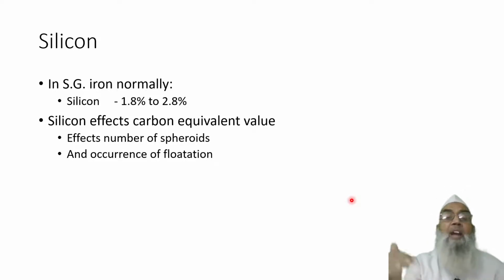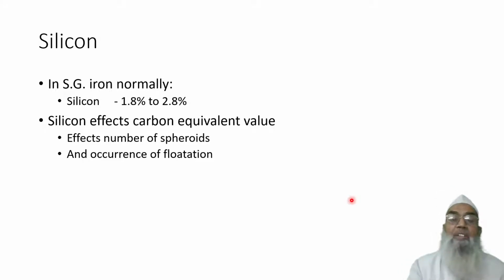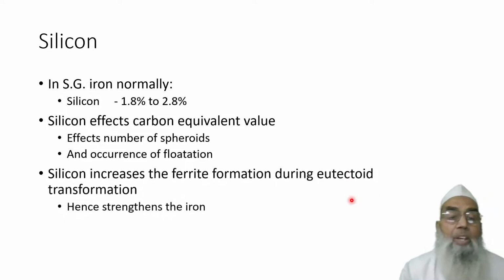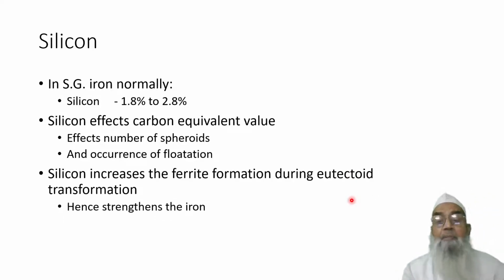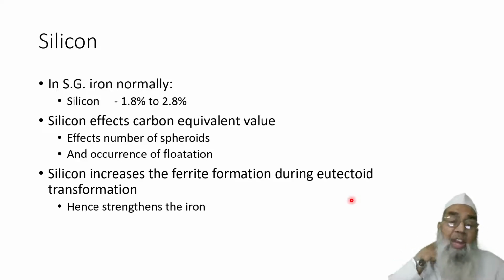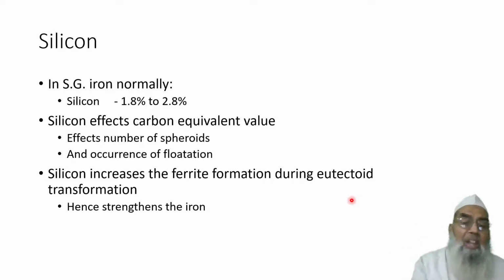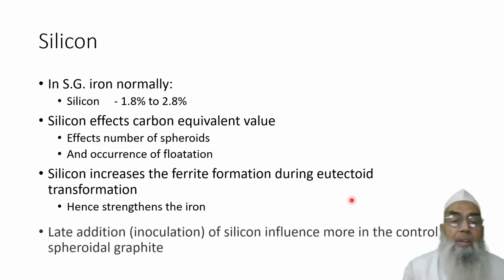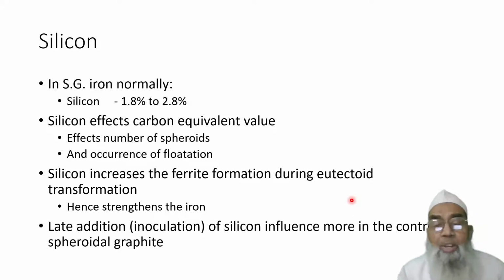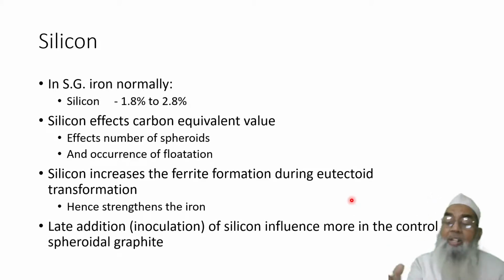As the carbon equivalent is enhanced, formation of spheroids increases, and if carbon equivalent is more than 4.6%, flotation will take place. Now, silicon increases the spheroid formation during eutectic transformation, hence strengthening the iron. Late addition or inoculation of silicon influences more in the control of spheroidal graphite.